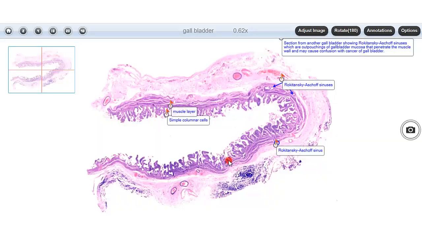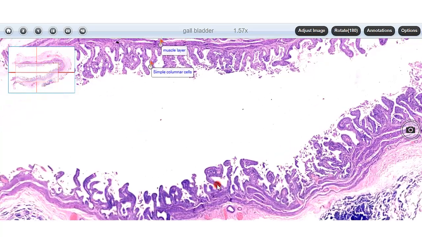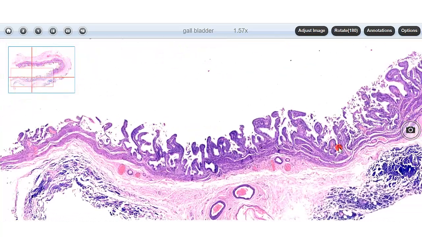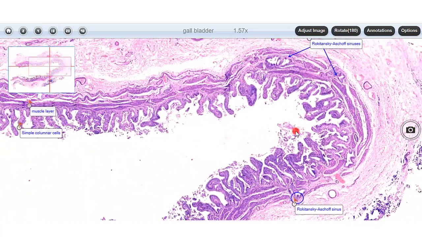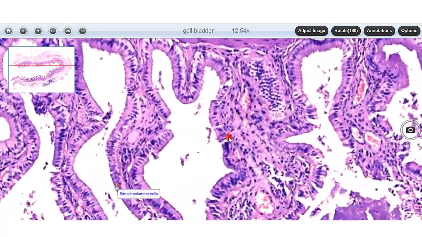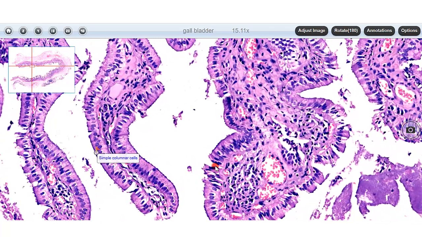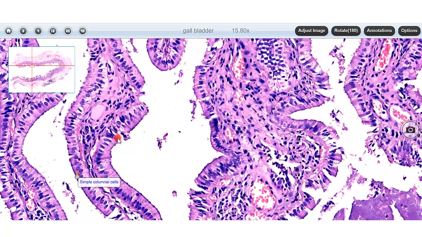Now this is a slide of gallbladder. We can see that there are three layers. The first layer is the mucosal lining, which consists of a single layer of tall columnar cells.